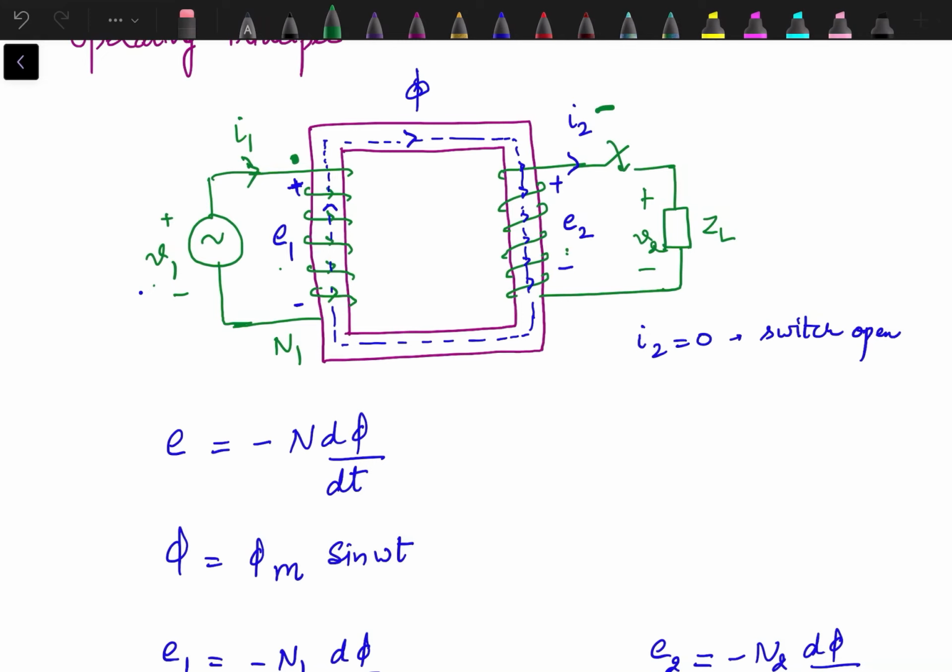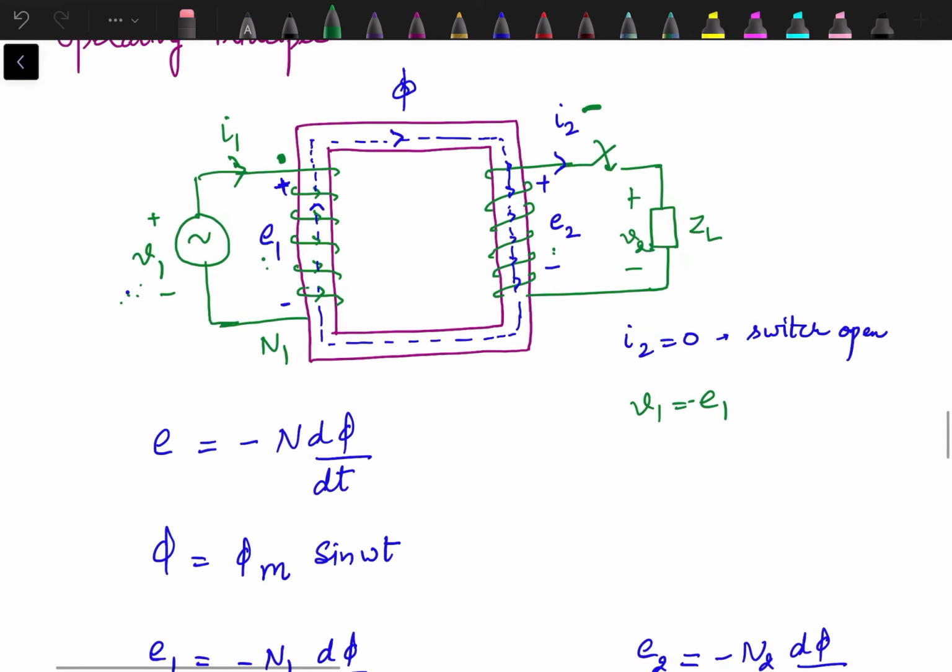And what we have seen is that V1 and E1 are equal in magnitude but their direction is opposite. V1 is equal in magnitude with E1 but minus of E1, because of Lenz's law, while V2 and E2 are the same.